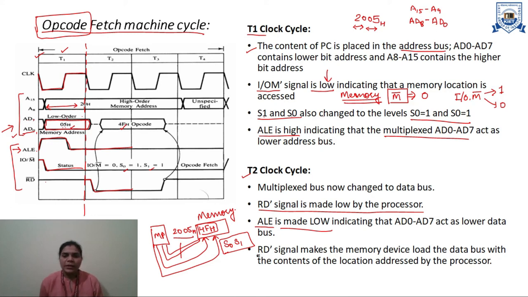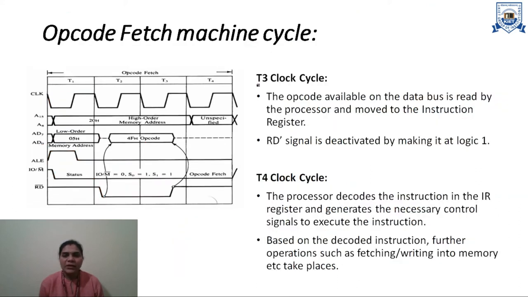Here the read bar signal makes the memory device load the data on the data bus with the content of the location addressed by the processor. So the memory will load the data on the data bus. In clock period T3, the opcode available on the data bus is read by the microprocessor and moved to the instruction register.